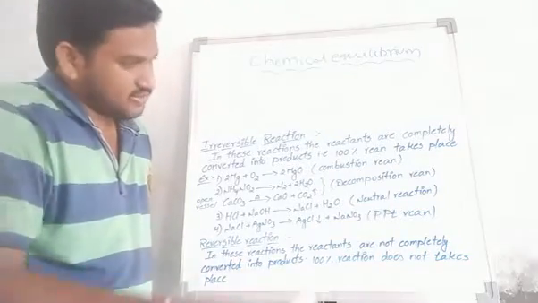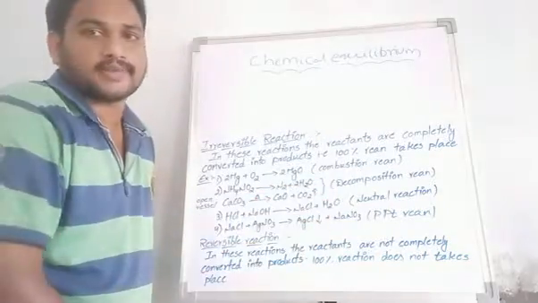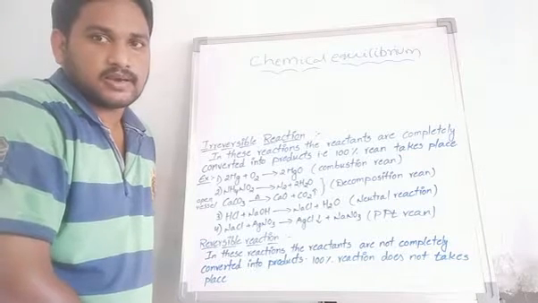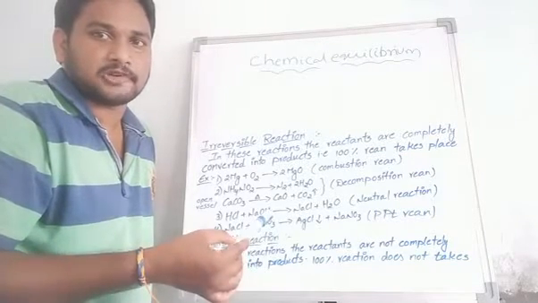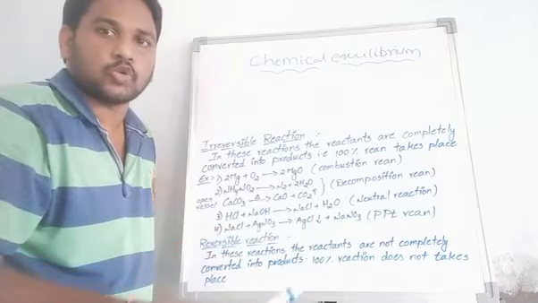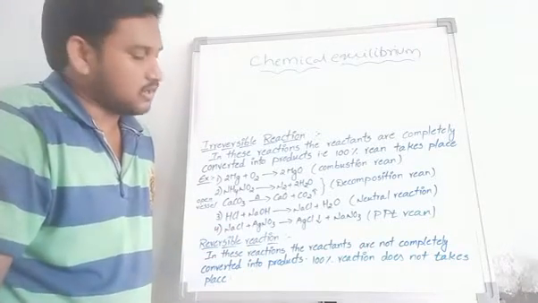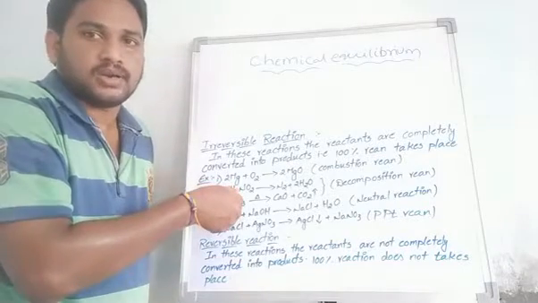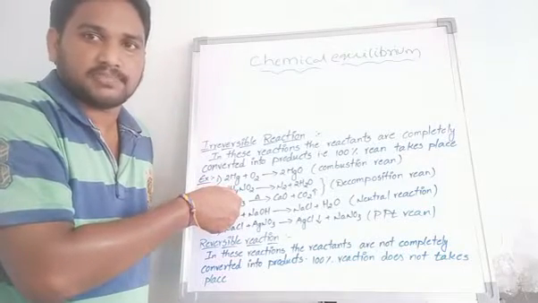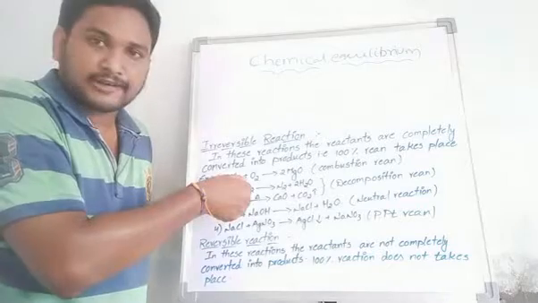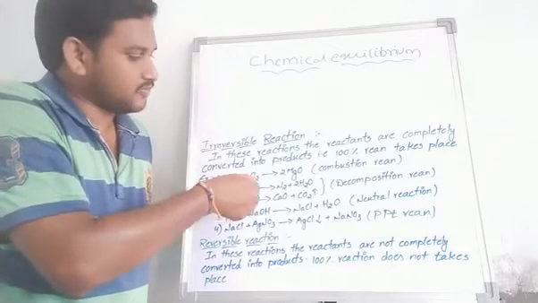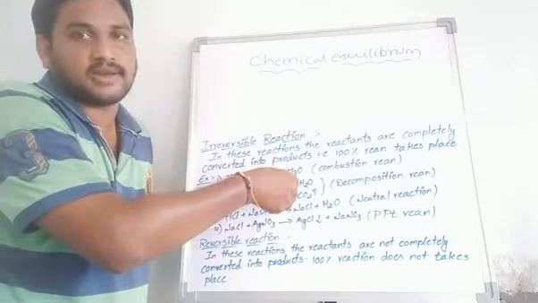Students, the first one is the combustion reaction, like a combination of two or more elements to form a product. For example, magnesium ribbon reacts with oxygen to form magnesium oxide.